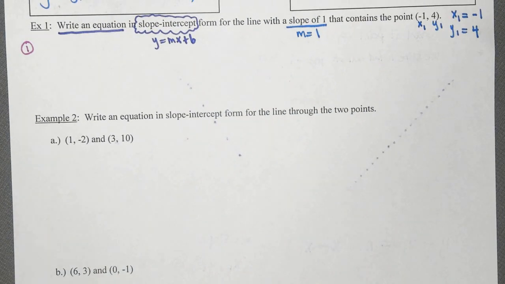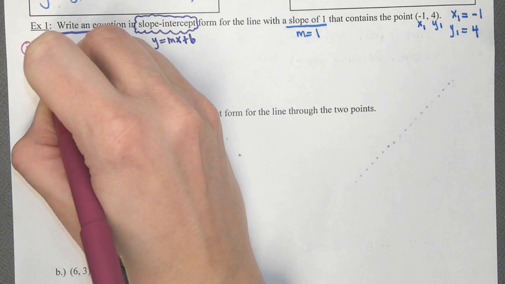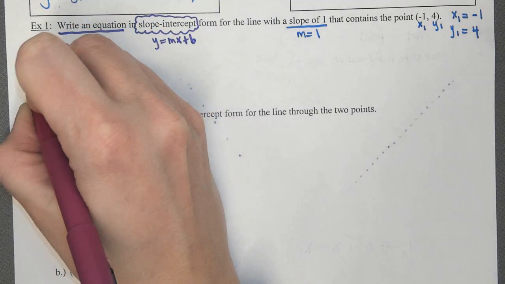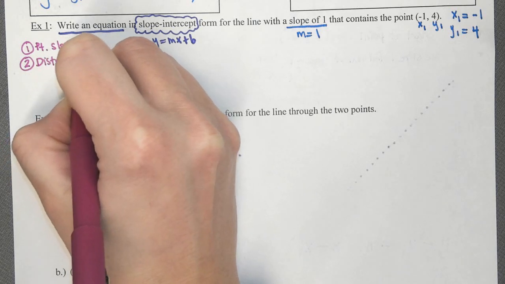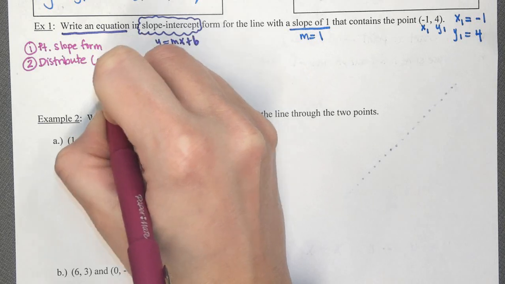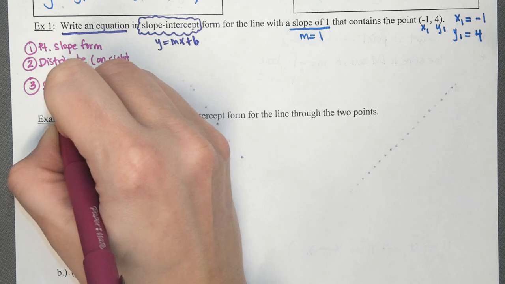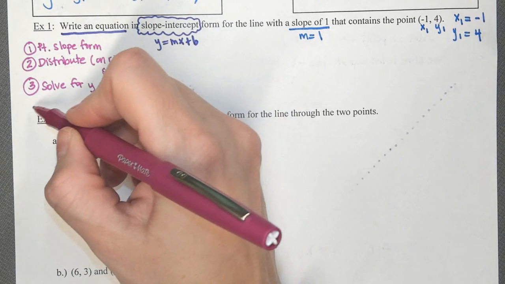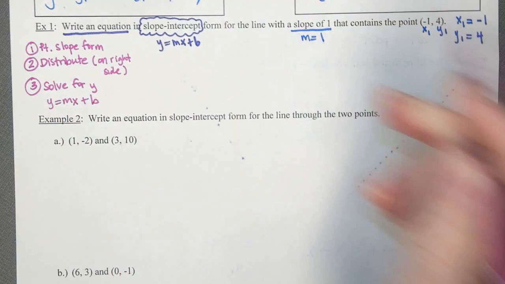That way, if you're ever not sure what to do, you can look and see, okay, the first thing I have to do is write in point slope form, which is above. Okay, you're going to distribute on the right side. And then you're going to solve for y. And then your final answer should be in y equals mx plus b.